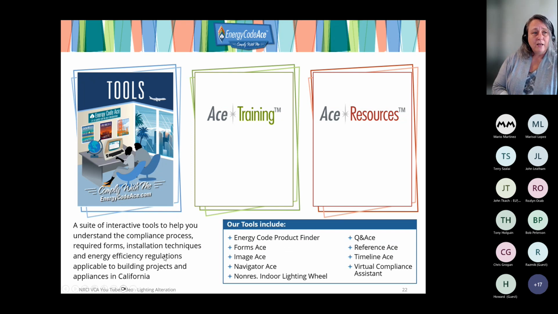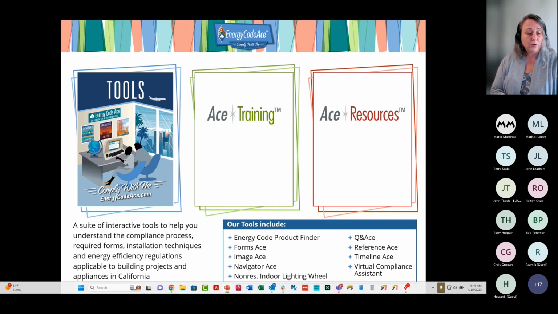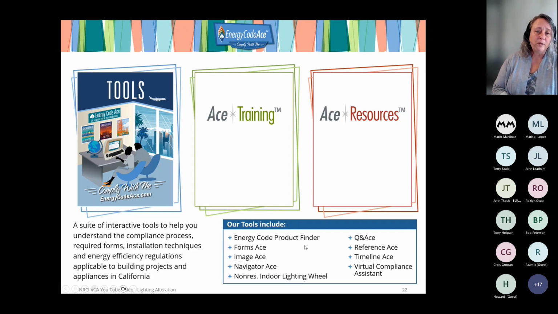I'm hoping that if you haven't spent time on the Energy Code ACE website, you'll check it out. One of my favorite tools is Reference ACE, which is the code language itself, plus all of the appendices, which include the testing protocol that you are responsible for. It also has the manuals that the Energy Commission produces to help understand how the code applies. And for those of us who do energy modeling, they also have the rule book to the performance approach.